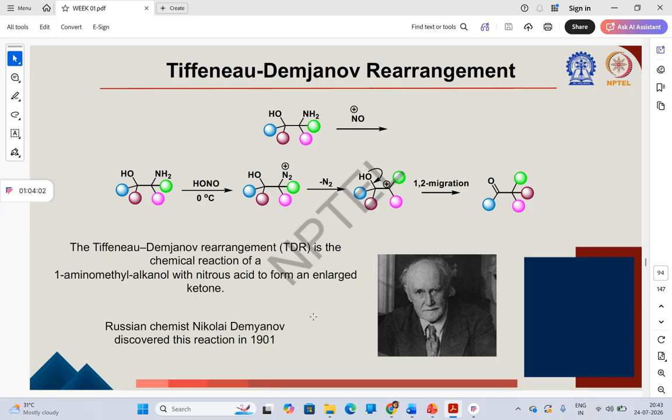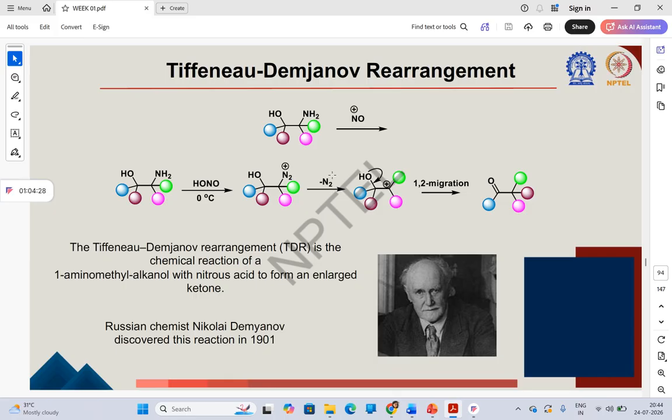Then let's talk about the Tiffeneau-Demjanov rearrangement. In this case, nothing is changed, only the difference is there. In the semipinacol, the tosylate group was the leaving group, and in this case we have a diazo group.